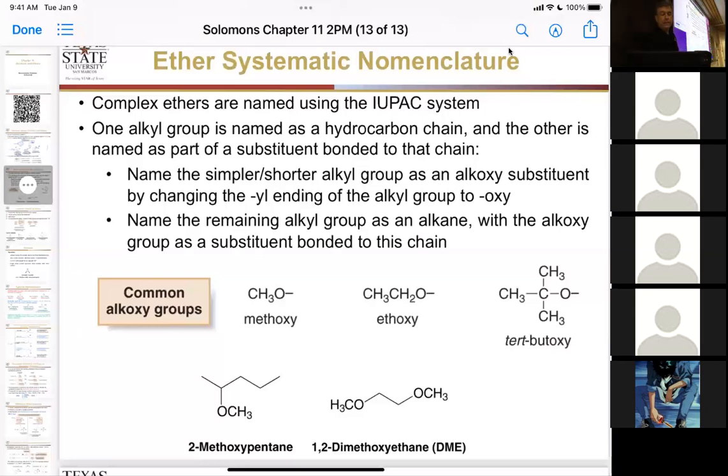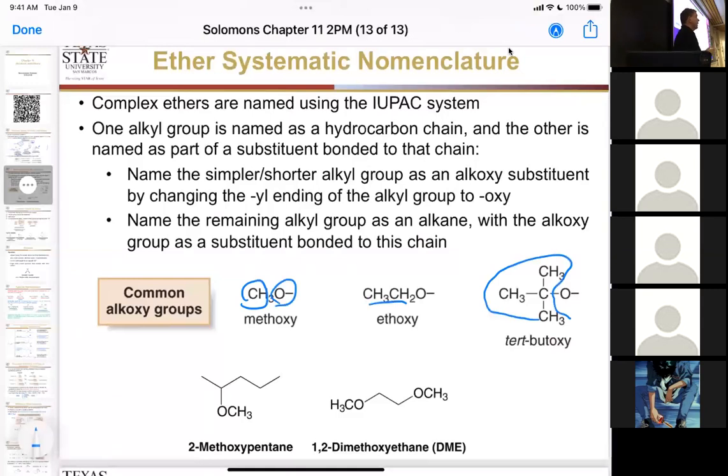Well, in this case here, we have one carbon and an oxygen. So one carbon's methane, but they have an oxygen there, so we want to count for that. So we call it methoxy. And that's our substituent, our methoxy group. If we have two carbons, ethoxy, right there. If we have the t-butyl group here, t-butoxy, okay?